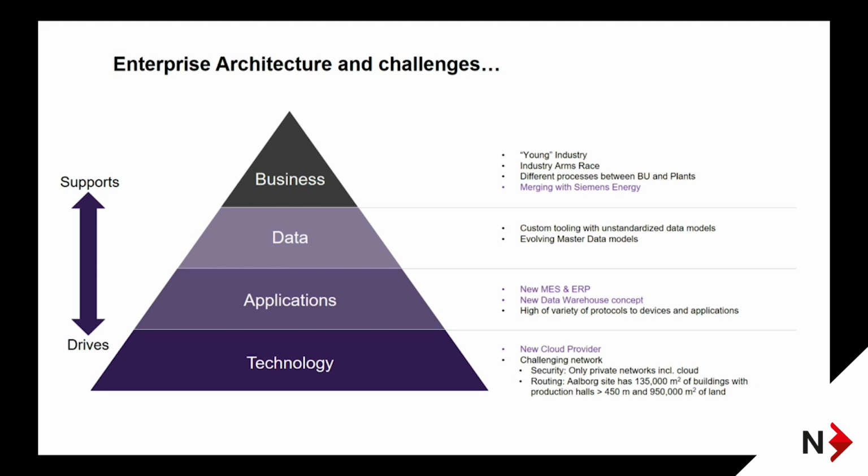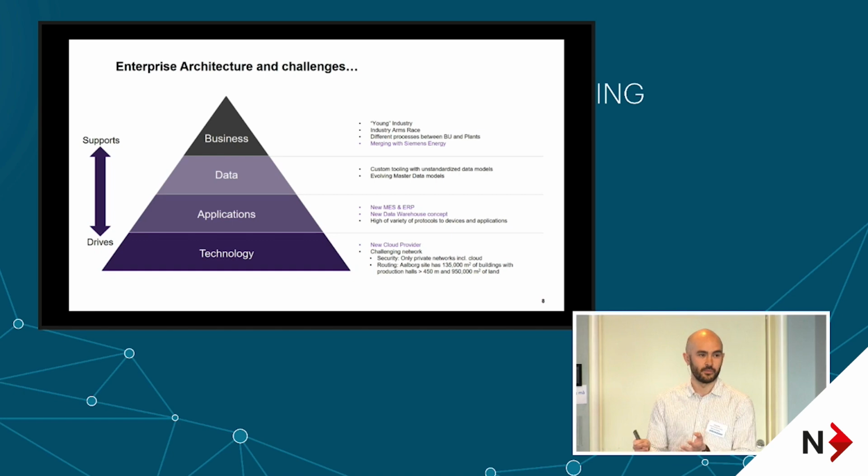Some of the challenges we have across these layers: on the business side, we are still a fairly young industry, and we have been in a constant arms race with our competitors, always releasing new products on the market, trying to minimize the levelized cost of energy, that is, building bigger and bigger wind turbines. So we never keep a product more than a couple of years in the production lines before we pretty much have to change out our entire line and start from scratch.